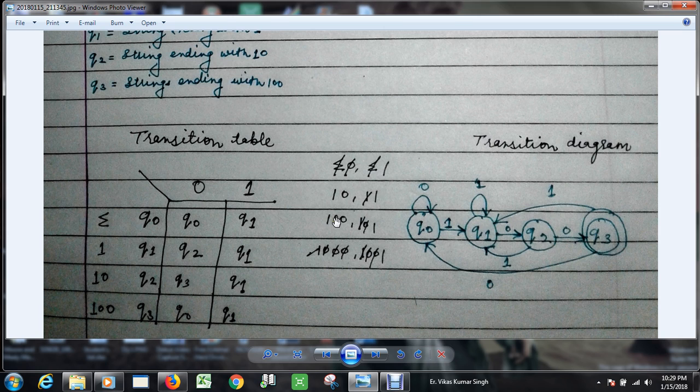Here we will type 100 and try searching. So 100, yes, we got it. It's Q3, so we will put Q3 here. Another one is 101. Is there any 101? No, that's why we will cut the 1.